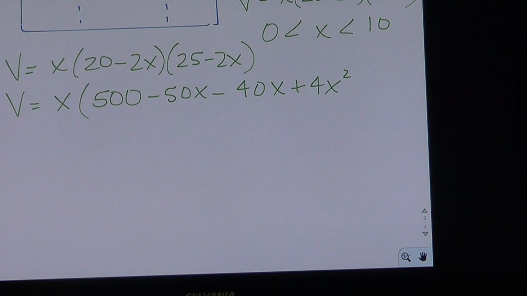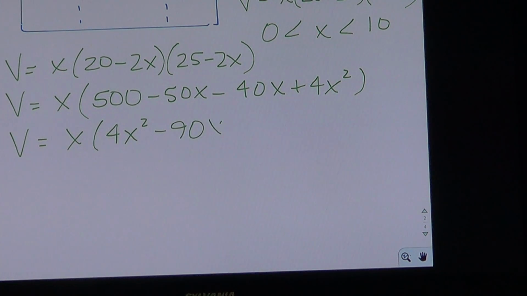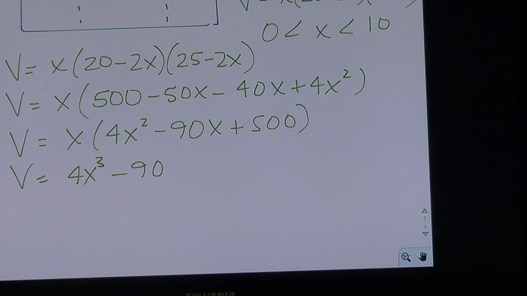So I'm going to rearrange it: 4x squared minus 90x plus 500. And so it'd be 4x to the third minus 90x squared plus 500x.